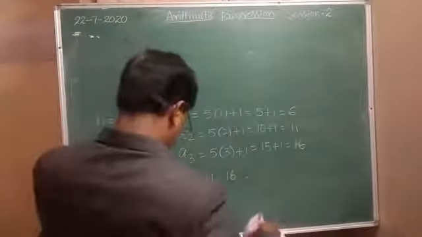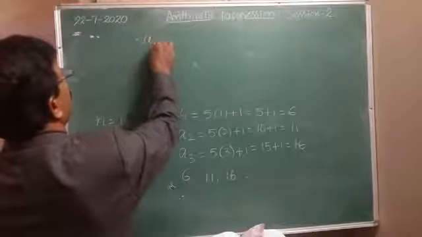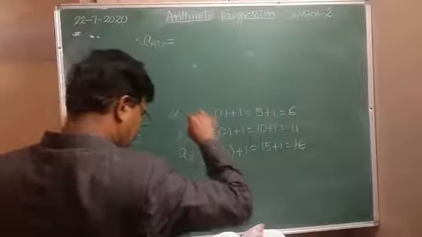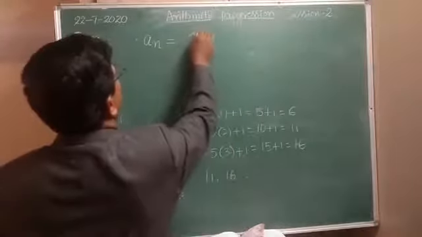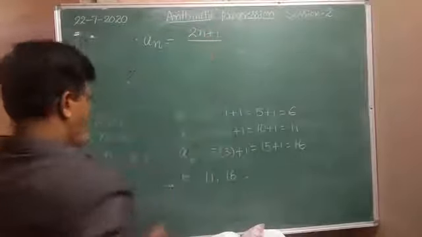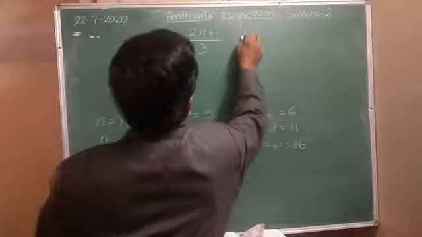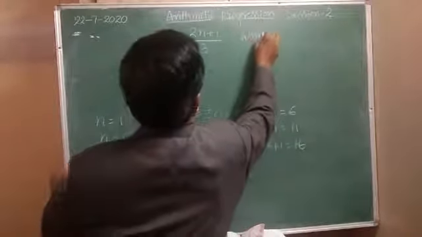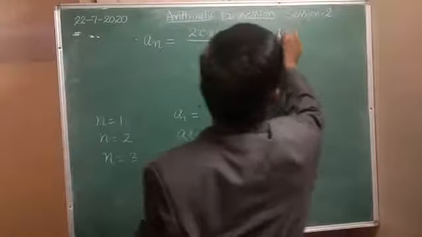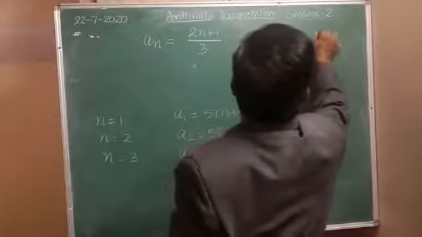Now another one. If an is described by (2n plus 1) by 3, then write the first 3 terms.